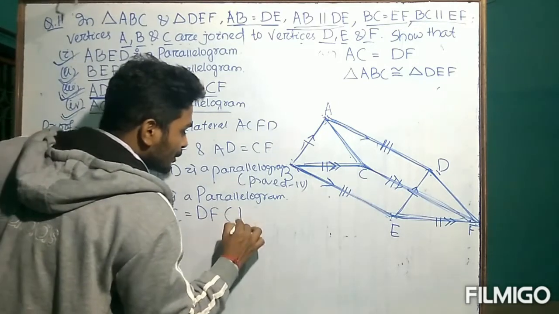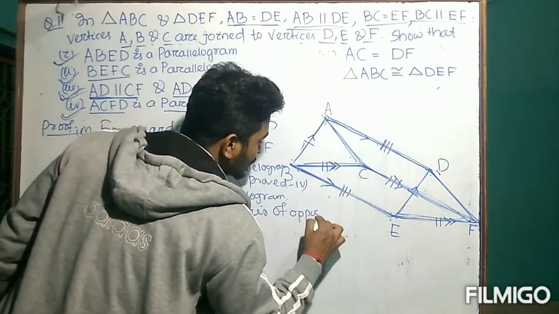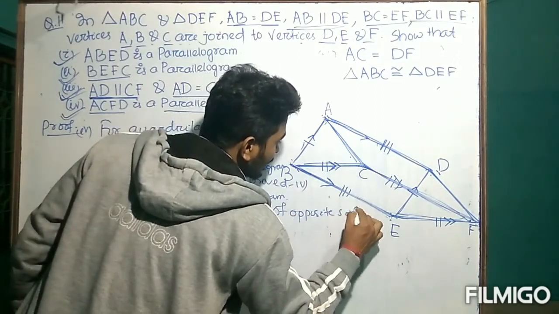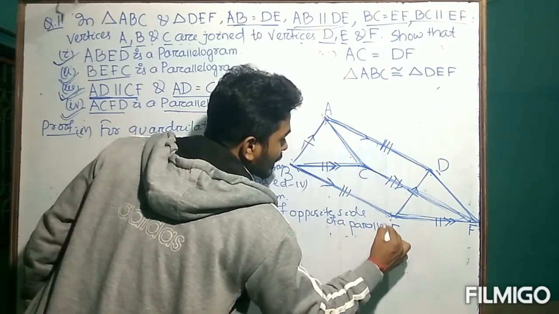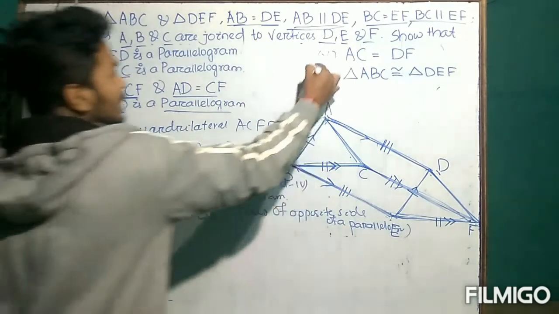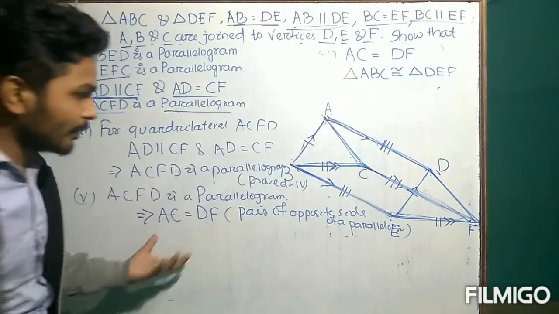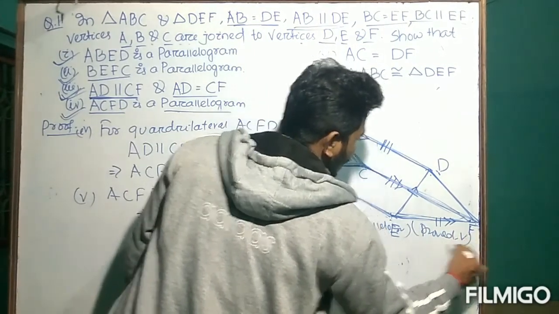Why? Because they are opposite sides of a parallelogram. Clear? So now we have proved the fifth statement that AC is equal to DF. Okay. So it is the proof of the fifth statement.